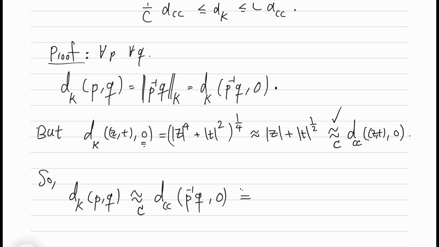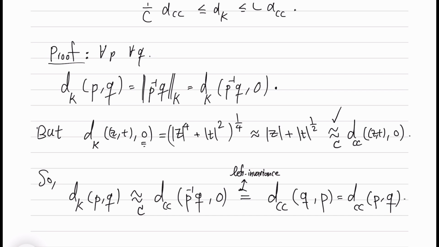But now from left invariance of the Carnot-Caratheodory distance, and that is very important here, that's why we did this proof previously, this is the same as dcc of, multiplied from the left by P, so that would be Q and P, which is just dcc of P and Q. And we have proven that for any pair of points P and Q, the two metrics are comparable up to this bi-Lipschitz constant c.